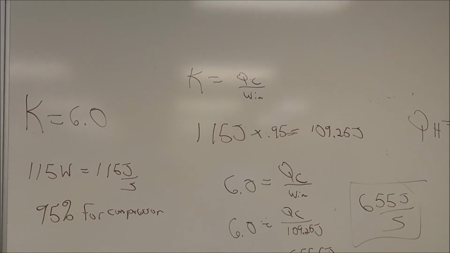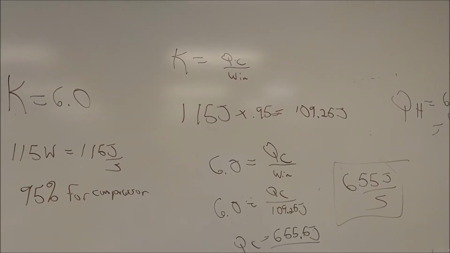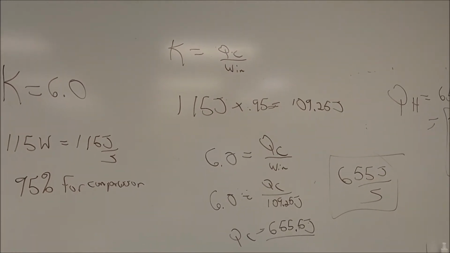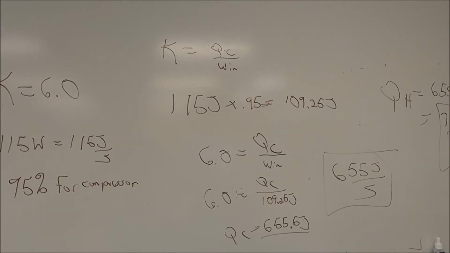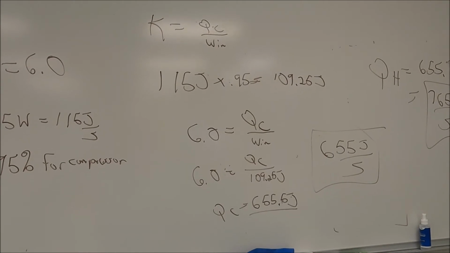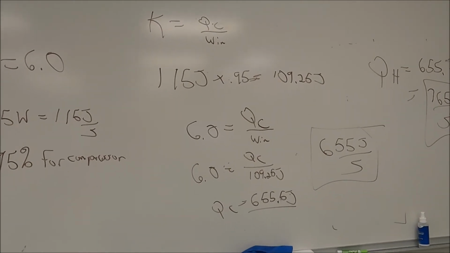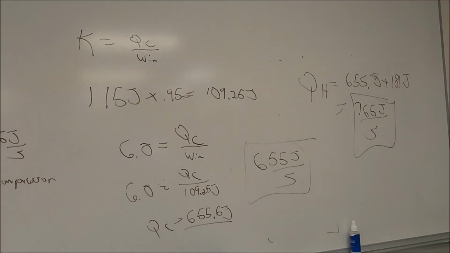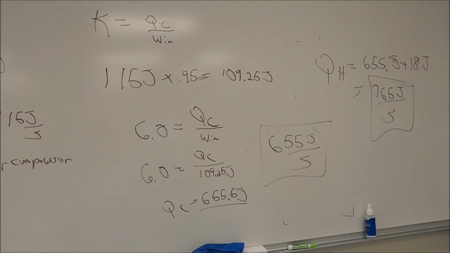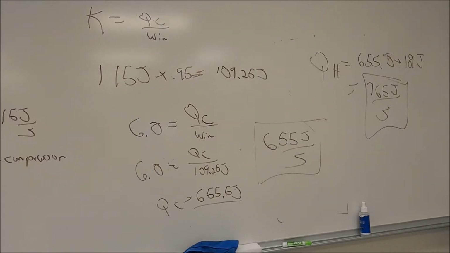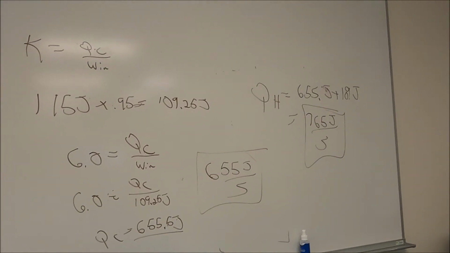K is equal to QC over work in. So 6 is equal to QC over the 109.25. So QC is 655.5. I should round that to probably 656.